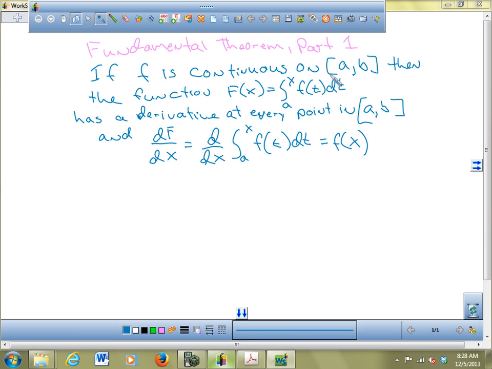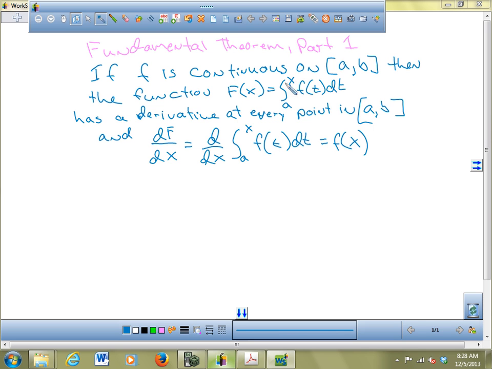And so if you have a continuous function, then this thing, big F of x, implies that that's an antiderivative. Okay, the antiderivative of whatever's inside here, evaluated at x. Now Cameron asked why. So what it says is that this antiderivative is a function of whatever x is.